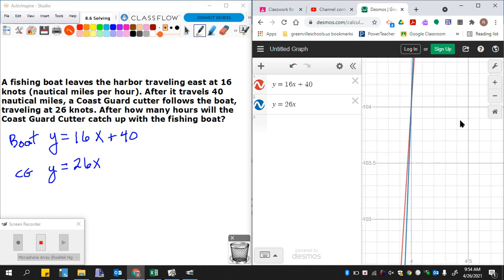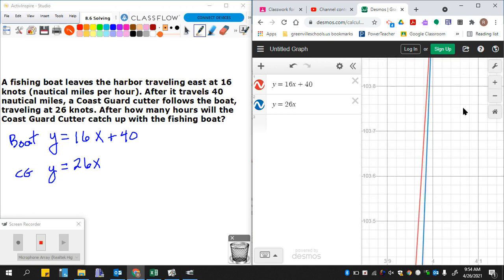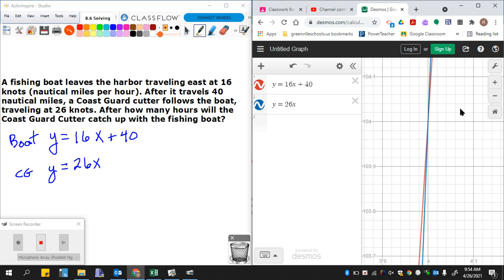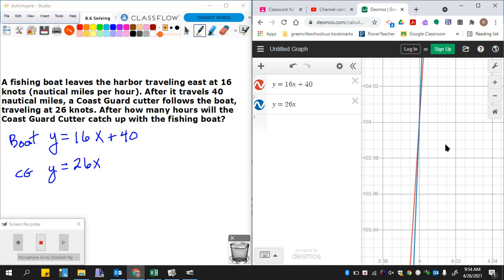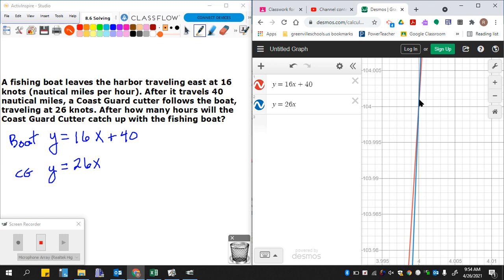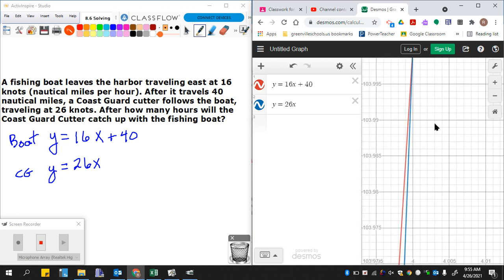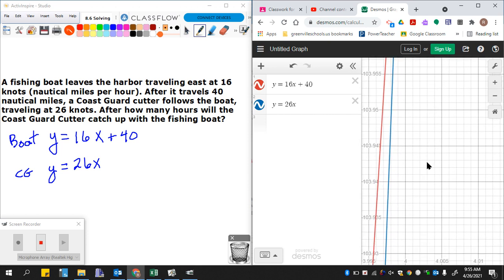We can see here it's going to be right in this area right up here, and it's obviously going to cross right in here someplace. If somebody asked how far out it would catch it, well, it'd be at 104 miles. But we want to know how many hours it is. So we're going to come on down.